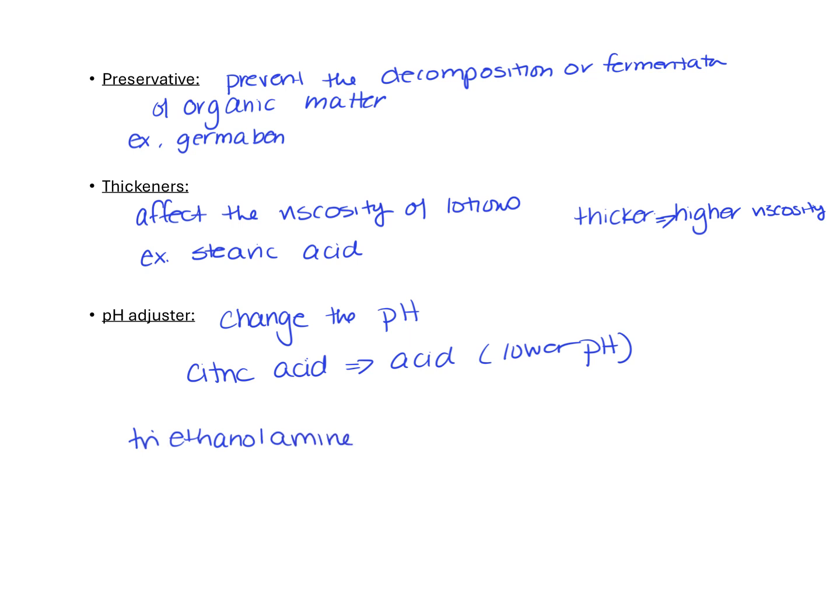Triethanolamine, right, is one that will make your lotions basic, and that has a higher pH. There's a certain percentage of the population that's allergic to the triethanolamine. So I don't love using it, honestly. Borax is also something that can be added to lotion to make it basic as well. And just your preference for acidic or basic lotions depends on your particular skin type and the natural pH of your skin.